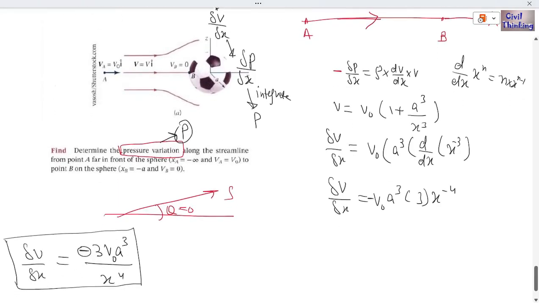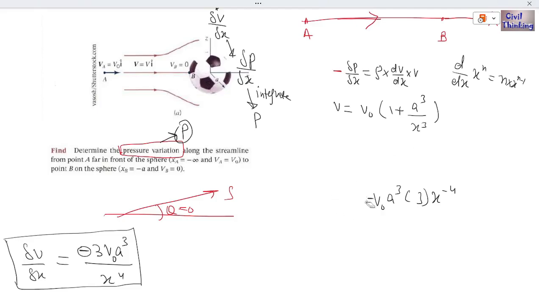Now we will find delta p by delta x. So I will erase all of this. So here is our delta v by delta x. What is going to be the value of delta p by delta x?